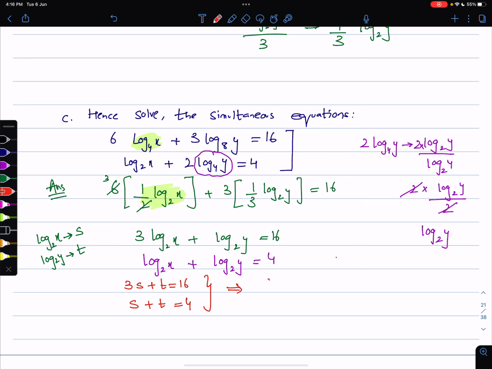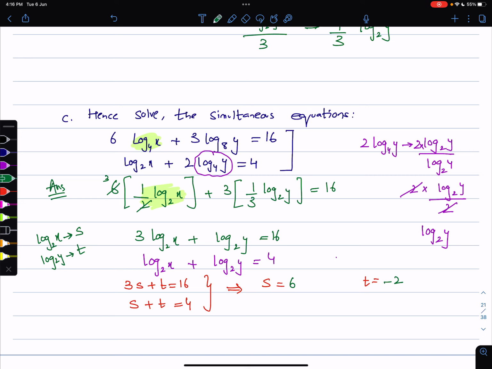If we solve these two equations simultaneously, we are going to get the values of s and t, one value for s and one value for t. So s comes out to be 6 and t comes out to be -2.